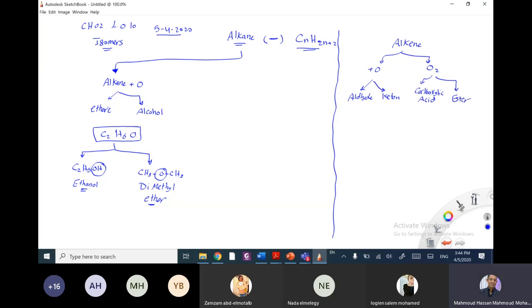Let's take an example. If we find CH3 C double bond O CH3, the example is acetone or dimethyl ketone.